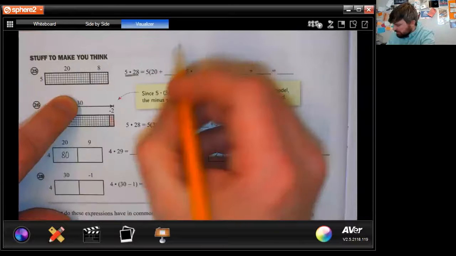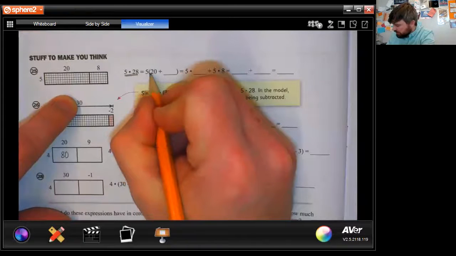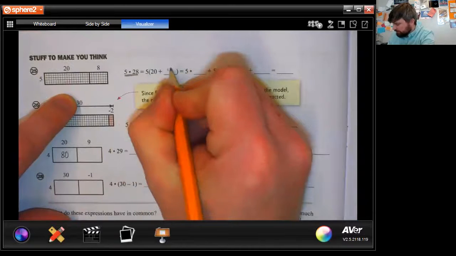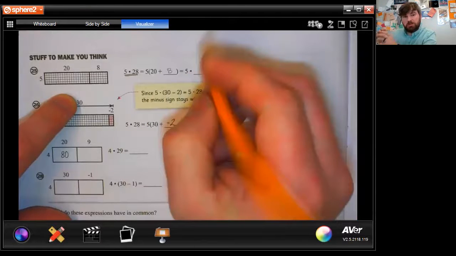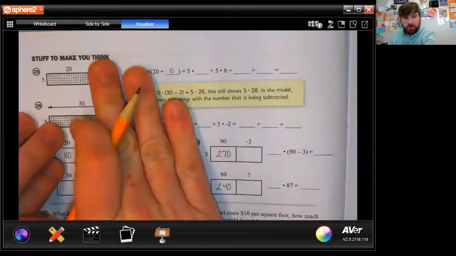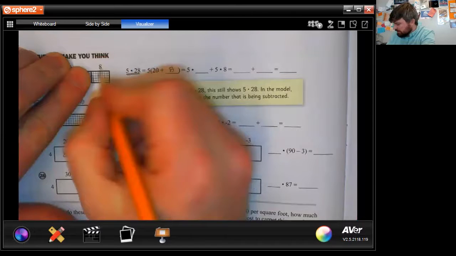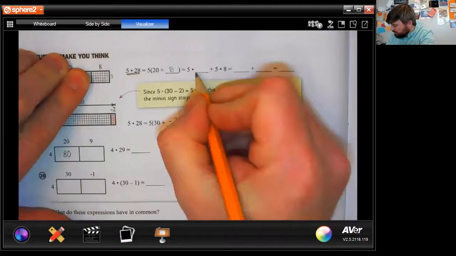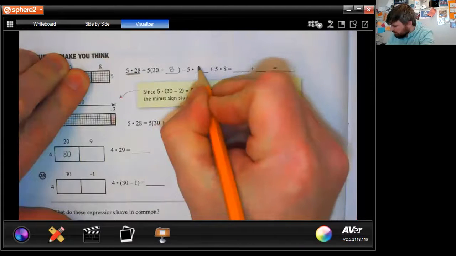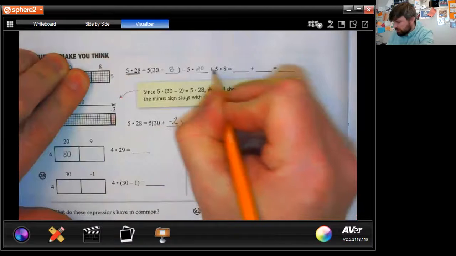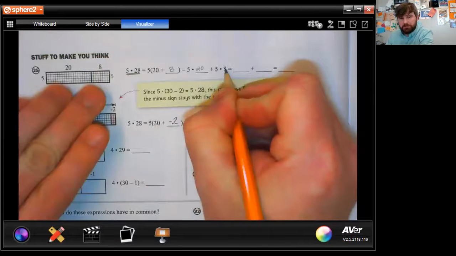So right here, they split it 5 times 20 plus 8, and then you split those up into separate problems. So you got 5 times 20 plus 5 times 8, which is visually what we have over here.